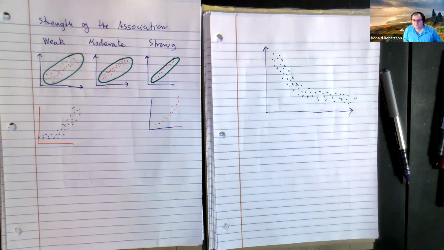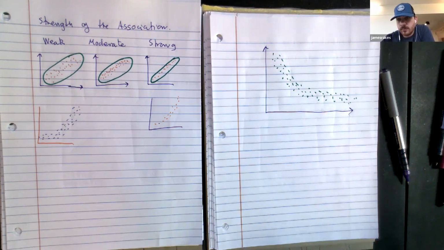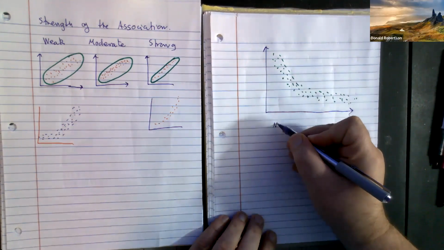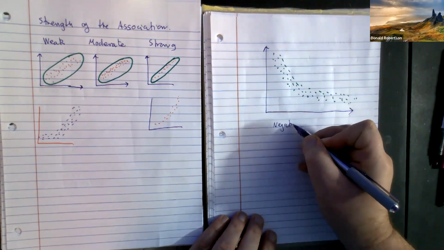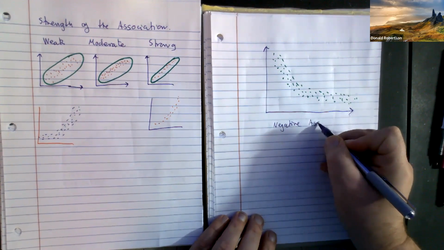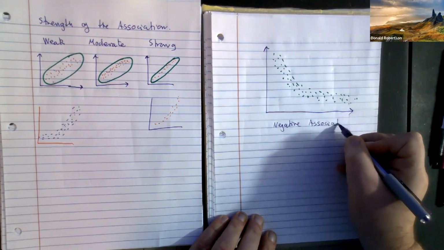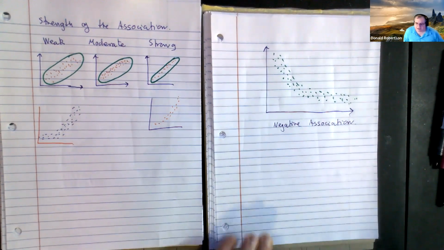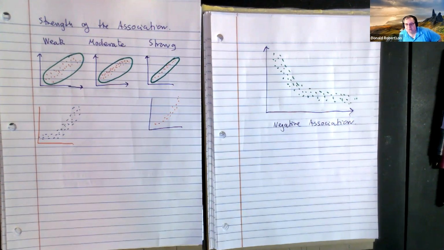Okay. Positive or negative association? Say negative. Right, it's going downhill. So negative association. Linear or curvilinear?